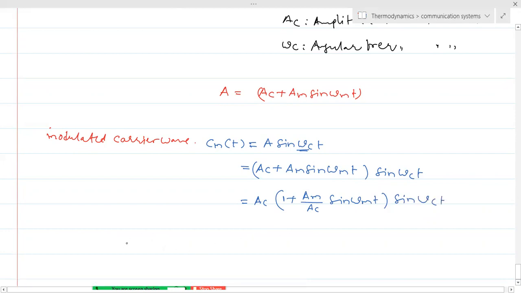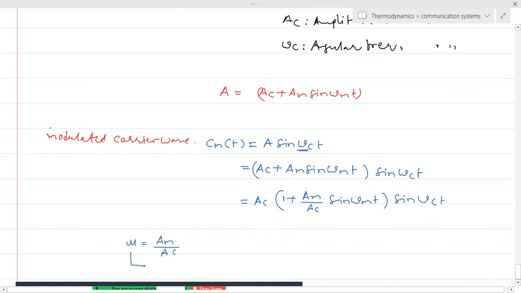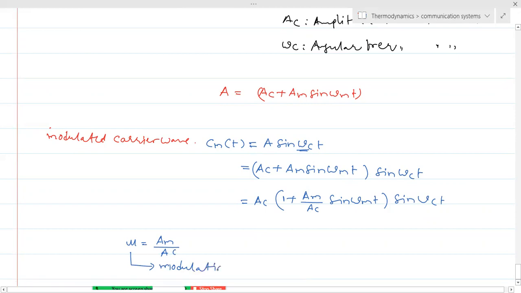So here, this is very important. Mu is called AM by AC, and this mu is known as amplitude modulation index, or simply it is called modulation index.